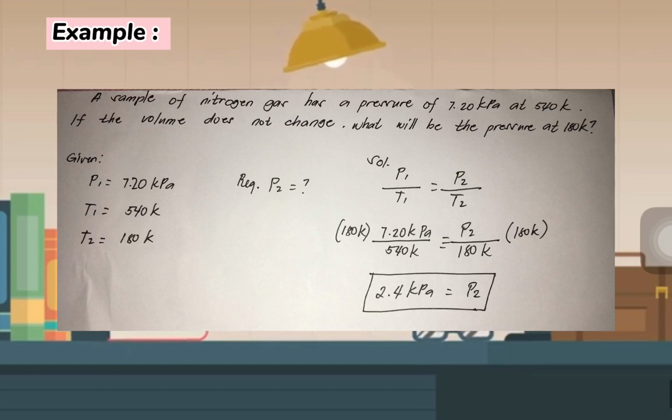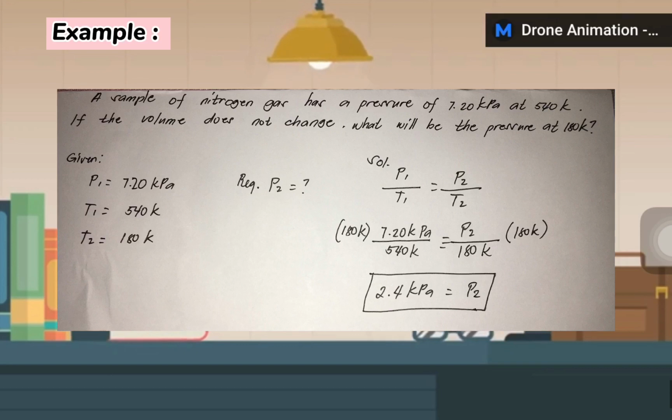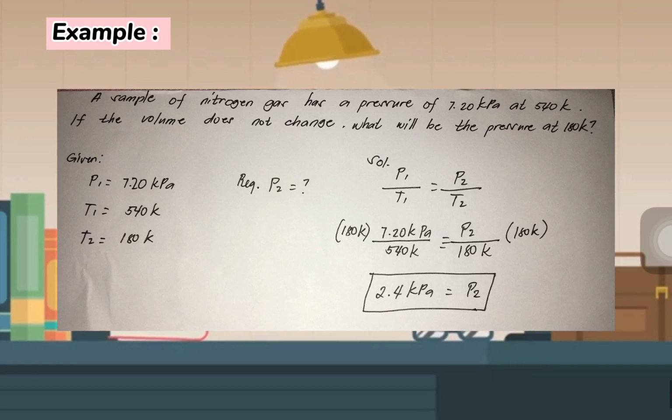So let us solve. We will use our formula P1 over T1 equals P2 over T2. So substitute, we have 7.20 kPa over 540 K equals P2 over 180 Kelvin. To get the value of the second pressure, we have to cancel out the 180 Kelvin. So multiply both sides by 180 Kelvin.